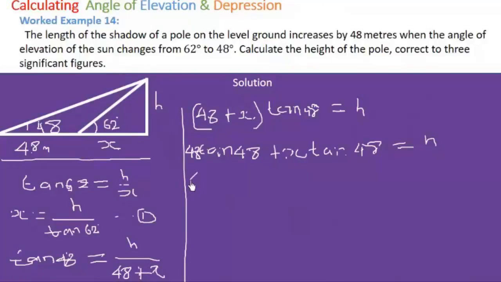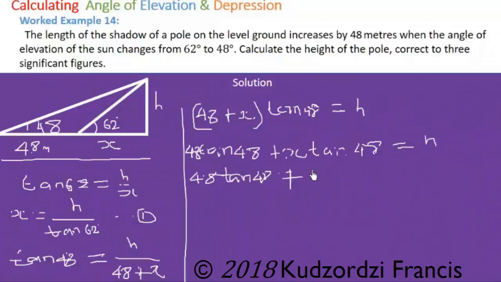Now let's substitute the value of x over here. So we obtain 48 tan 48 plus x, which is h over tan 62, times tan 48, is equal to h.